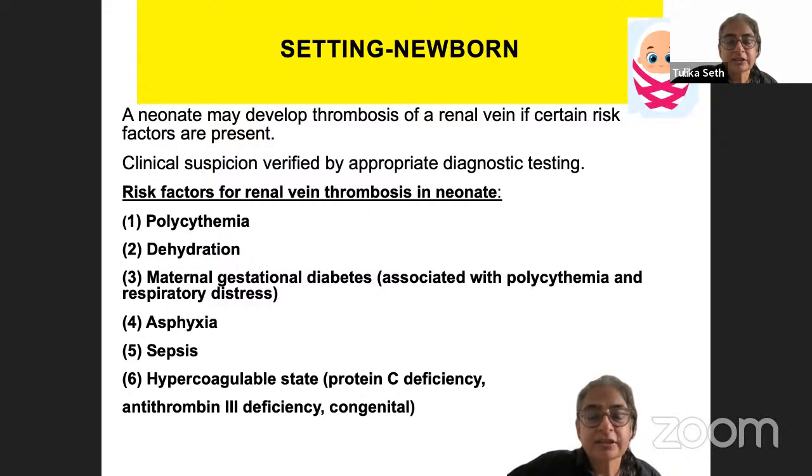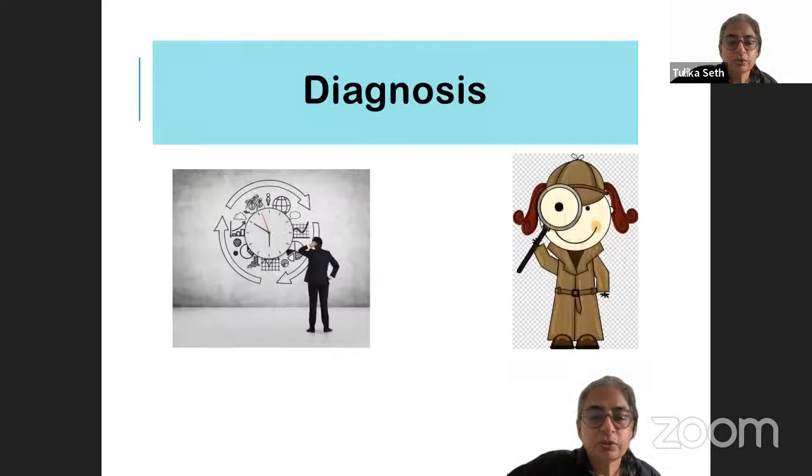There are many risk factors, especially for things like renal vein thrombosis and polycythemia, dehydration, maternal gestational diabetes, asphyxia, sepsis, and the changes in the protein C, protein S levels that are seen in these patients, even the physiological ones, and of course, those patients who have congenital deficiency of protein C, protein S, and AT3 are going to be at a higher risk of developing thrombosis in the newborn period. So those were the settings.